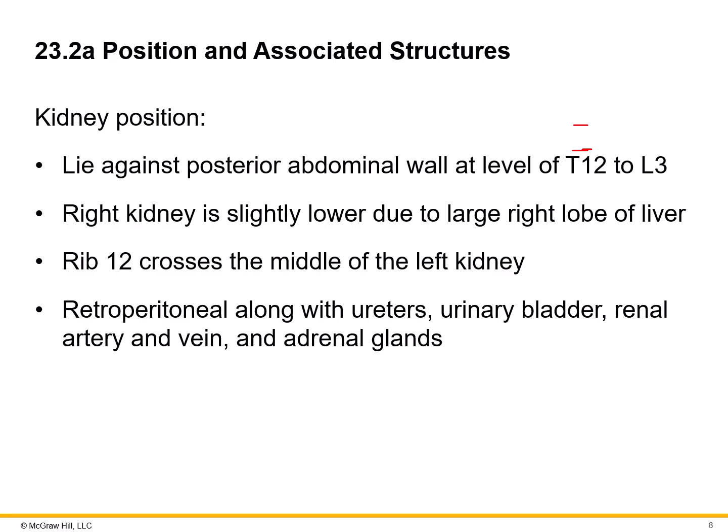All right, anytime we see differences in size or positioning of paired organs, typically it's because of the presence of another organ getting in the way. So in this case, the right kidney sits lower because that giant right lobe of the liver is sitting in the same area. So it kind of displaces that right kidney a little bit lower.